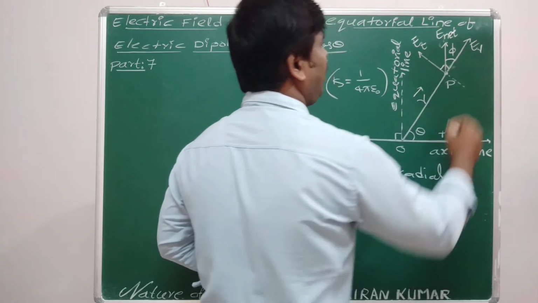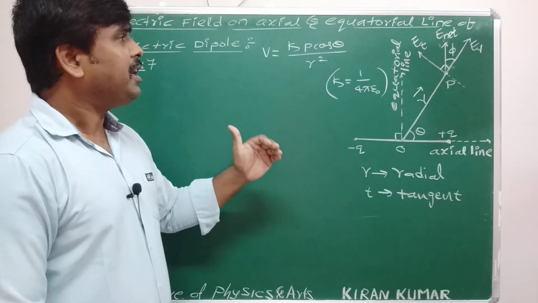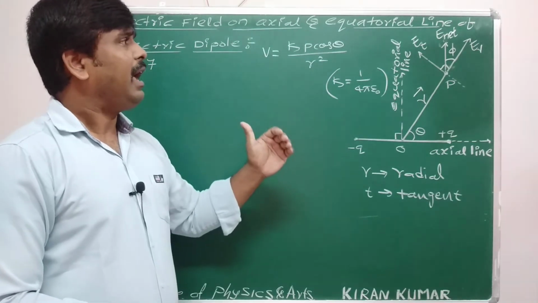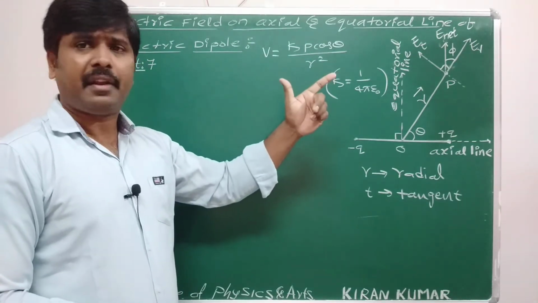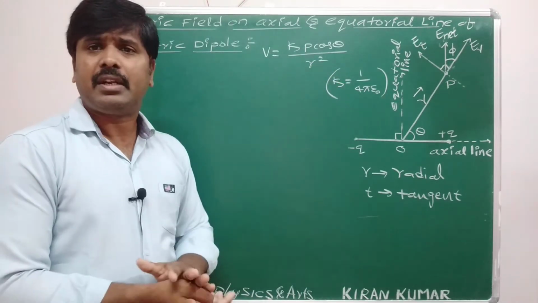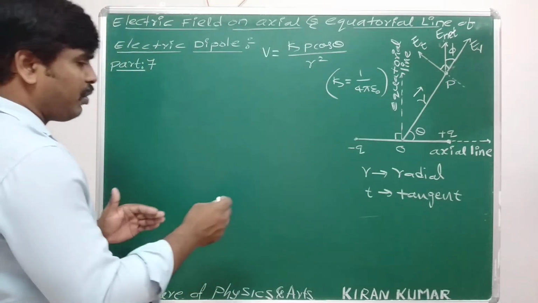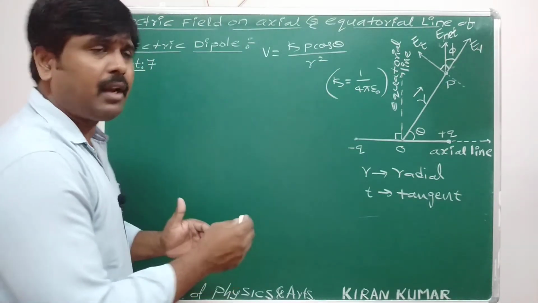Now we have to find, with the EVD relation, the electric field intensity in the radial direction and the electric field intensity in the tangential direction. So try to understand. I am going to write first the EVD relation.